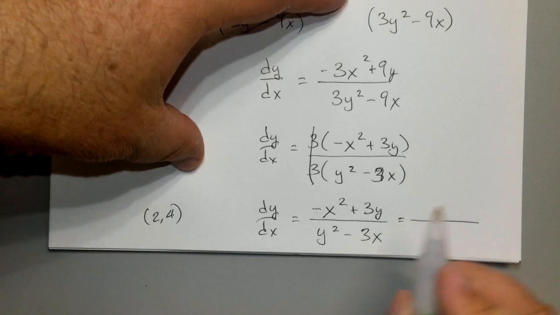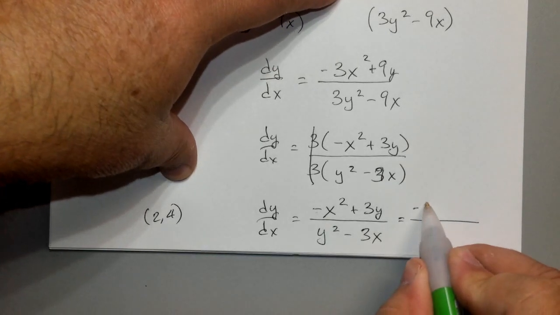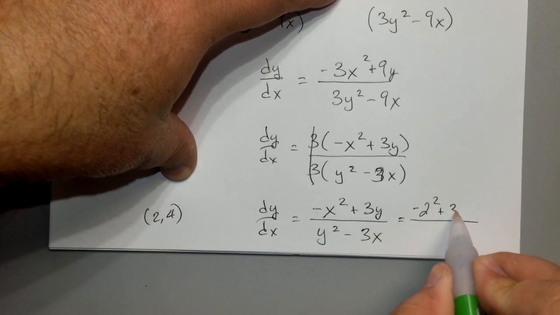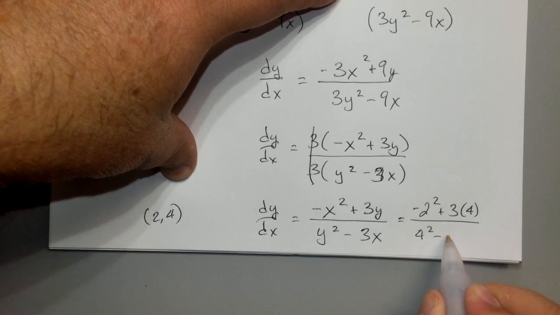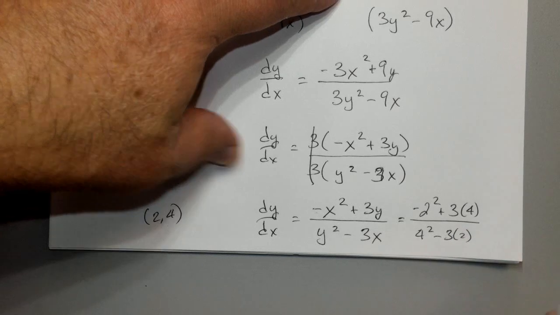So we got x is 2, so it's negative 2 squared plus 3 times 4, over 4 squared minus 3 times 2.